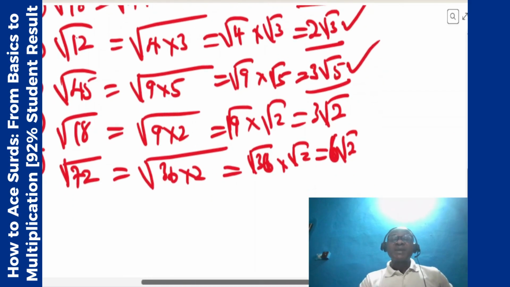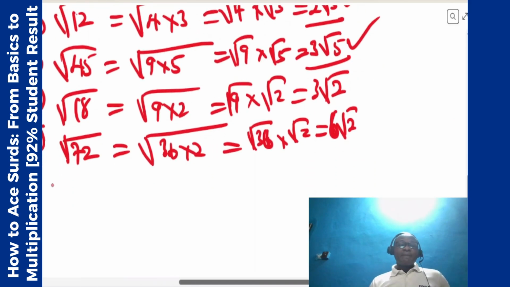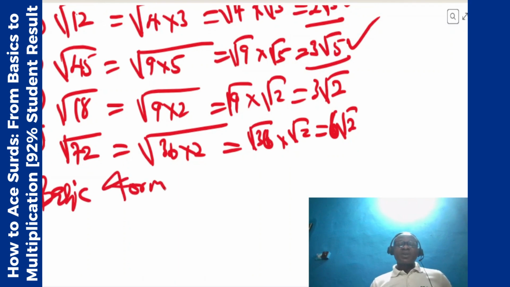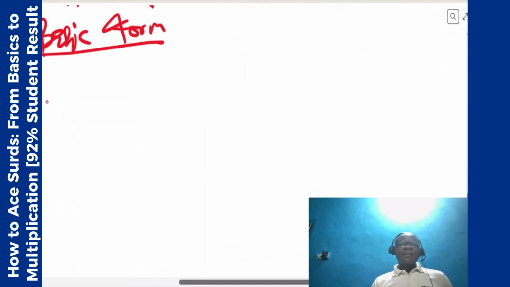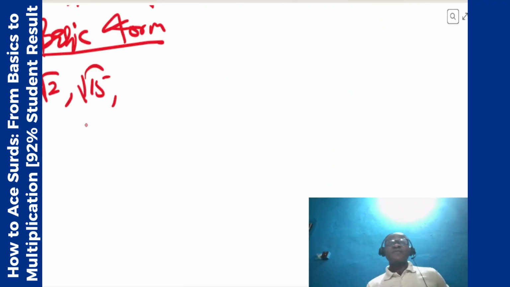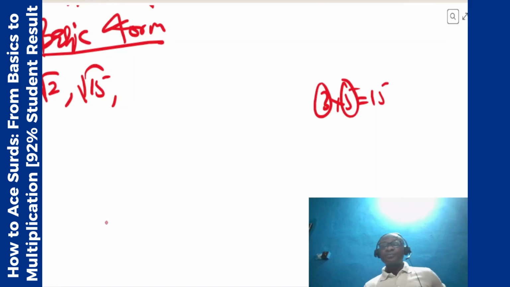So the basic form of a surd is when you have simplified a surd and it reaches a point whereby you cannot do anything further on it. Example, you are solving a surd and you get something like root 2. It is in basic form. If you get something like root 15, it's in basic form because even though 3 times 5 is 15, there is no square root of 3 and there is no square root of 5. Do you understand?